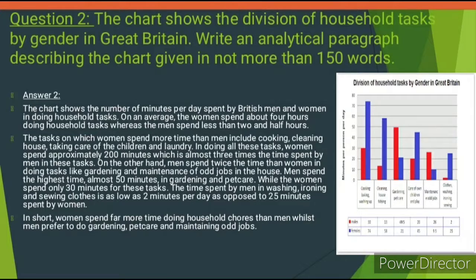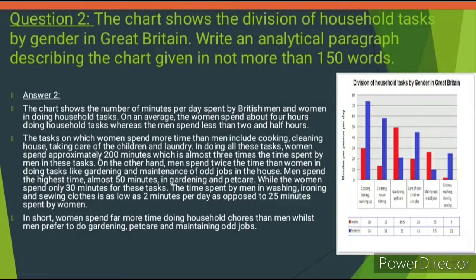Now let's have a look at question number 2. Now this chart shows the division of household tasks by gender in Great Britain. You can be asked to write an analytical paragraph to describe a chart in not more than 200 words.